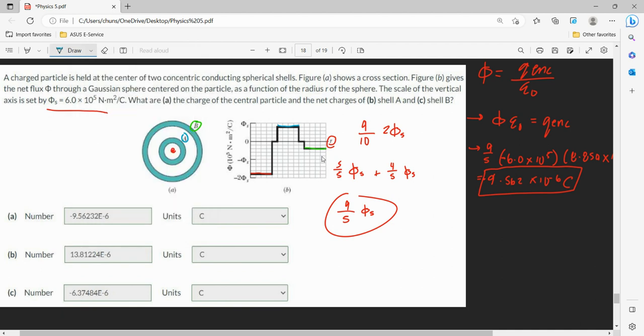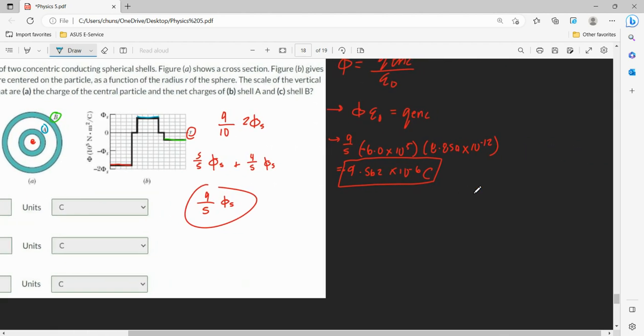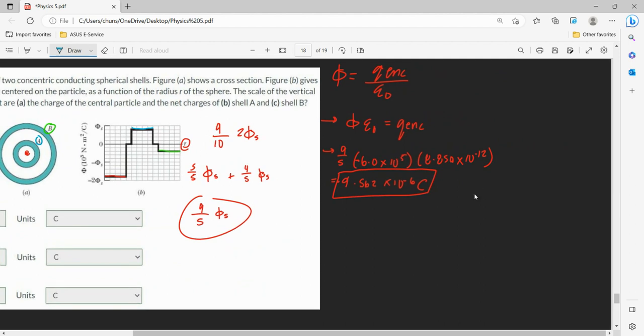And if you remembered, I mentioned for A, we need to calculate A on its own and then the net, including the central one. So we're just going to start with the enclosed on its own. That's equal to, so now we are at 4/5 positive 6.0 times 10 to the 5.